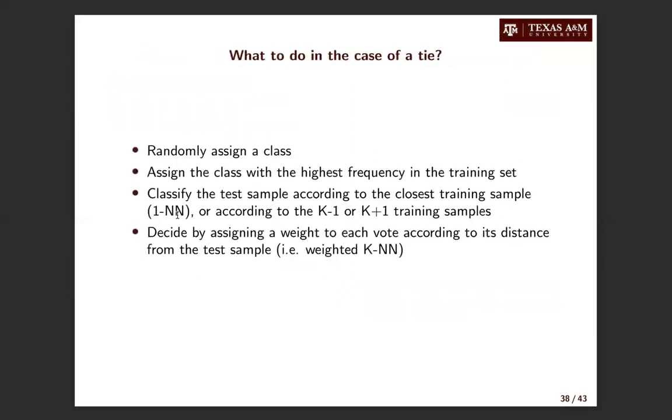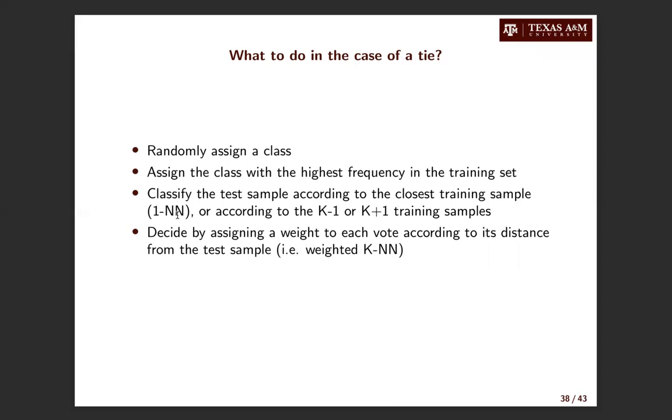Finally, we haven't discussed what someone can do in the case of a tie, where we have a KNN classifier and we are taking a majority vote in order to decide the class to which our test sample belongs. If we have a tie, there are several possibilities. The first possibility would be to randomly assign a class to our test sample.